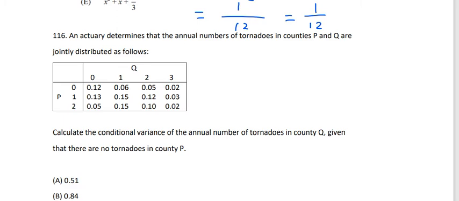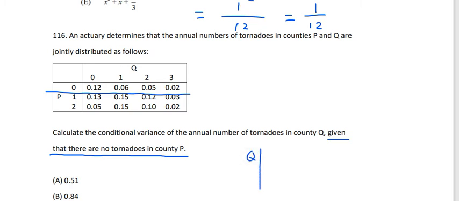Okay, this is a discrete distribution, so a very easy one. Given that there is no tornado in county P, so when P equals 0, the distribution of Q is like that.